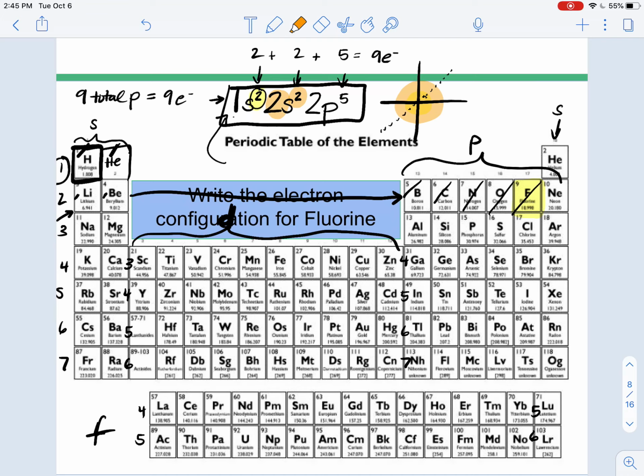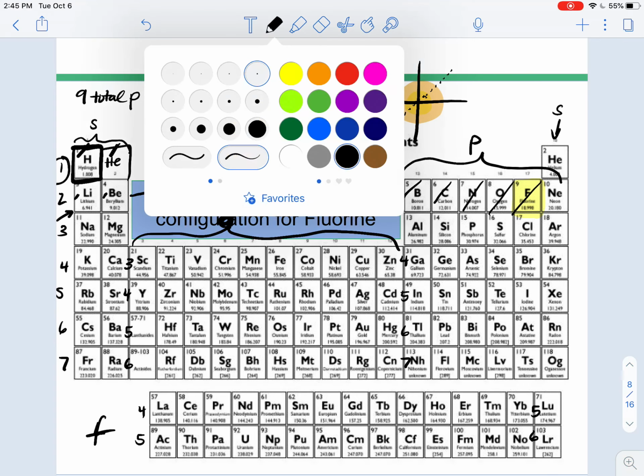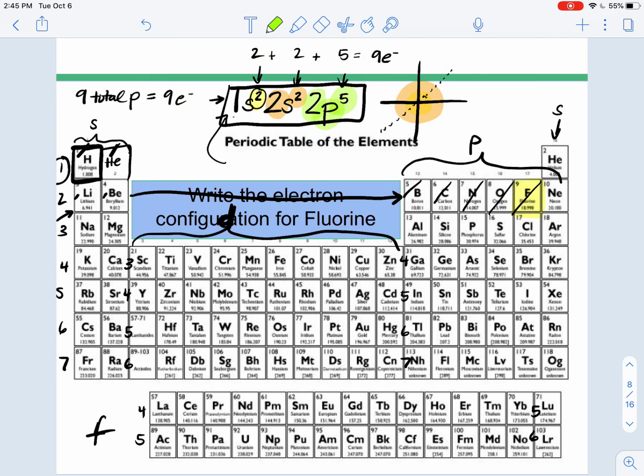All right, let's move on to the p's. We have the same principal quantum number, which means the same distance from our nucleus, but now we have p orbitals, and I have 5 electrons in those p orbitals. So I'm going to switch to the green pencil because I'm going to stay the same distance away.